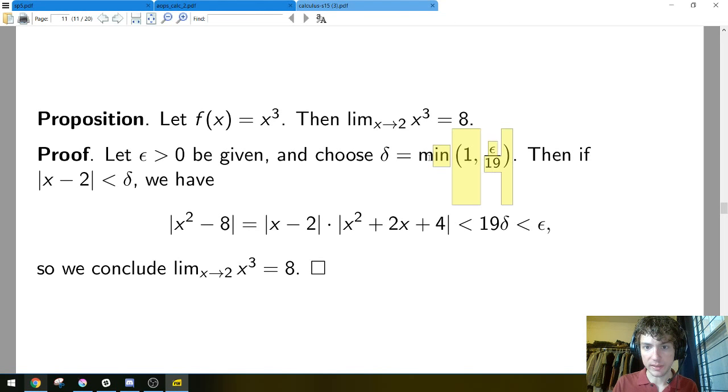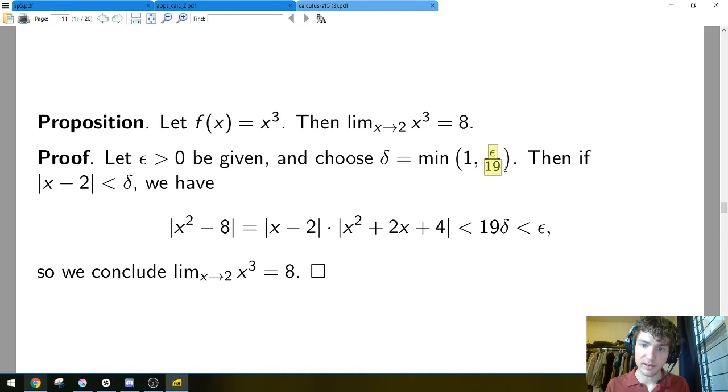So again, why the minimum? Because we restricted delta at the beginning to be at most 1 to get some control over the second factor. Once we did that, we also wanted it to be at most epsilon over 19 to get rid of that multiplicative factor of 19. So we want delta to be smaller than both of these, and to do that, you take the minimum.